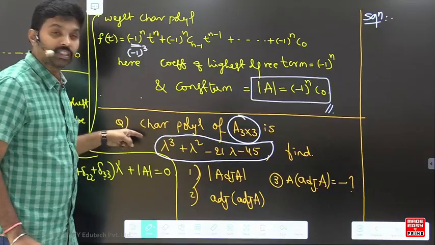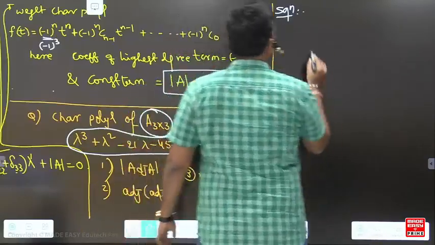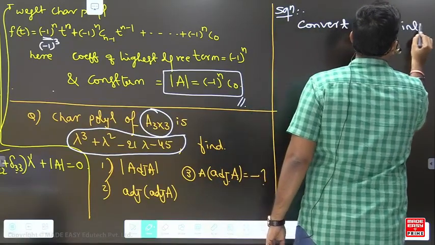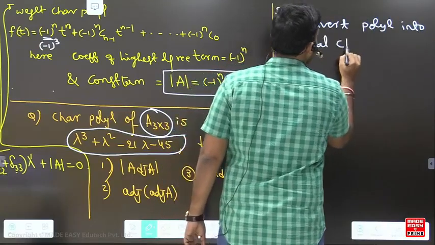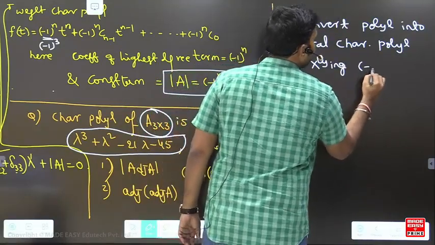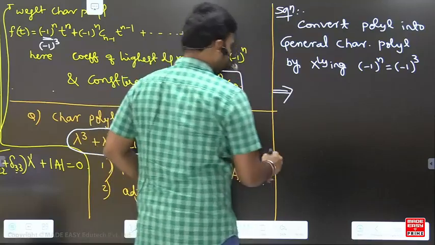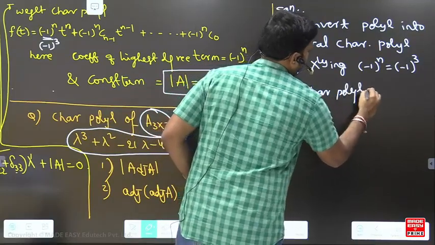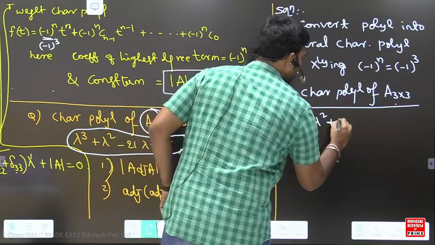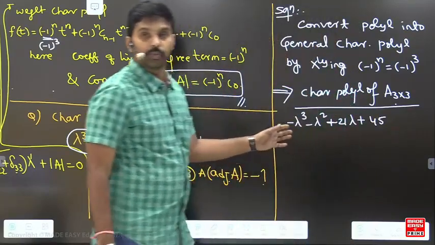No. So we need to multiply this equation by minus 1. First convert the polynomial into the standard general characteristic polynomial by multiplying by (-1)^n, that is (-1)^3. Then the characteristic polynomial of the 3 by 3 matrix will be minus lambda cube minus lambda square plus 21 lambda plus 45 equal to 0.